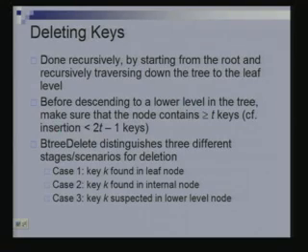So, you can do the entire thing in a single pass in exactly this manner. That is what is being said here: before descending to a lower level in the tree, make sure that the node contains at least T keys. In the case of insertion, we required that it contain strictly less than 2T minus 1 keys. Now, we are saying that it contains strictly more than T minus 1 keys.